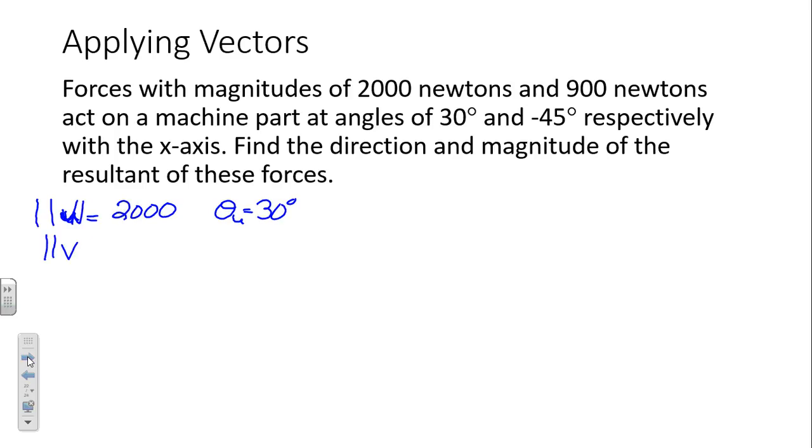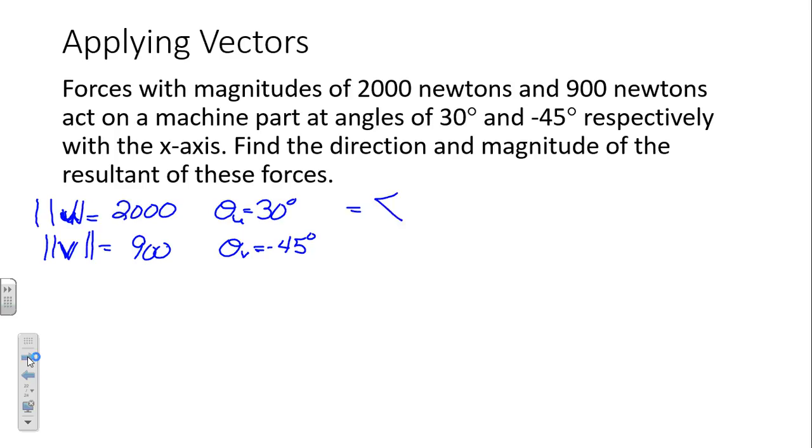Magnitude of v is 900 at a negative 45 degrees. See how math makes things much simpler? At least the math symbols do. All right, so what are we going to do? Find the component forms. Okay, so easy enough.